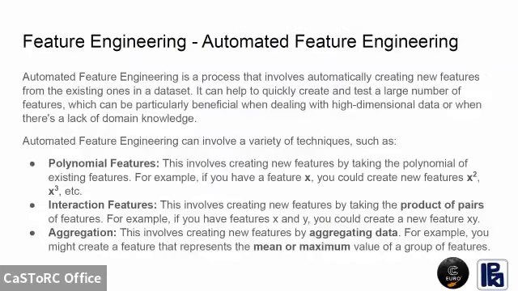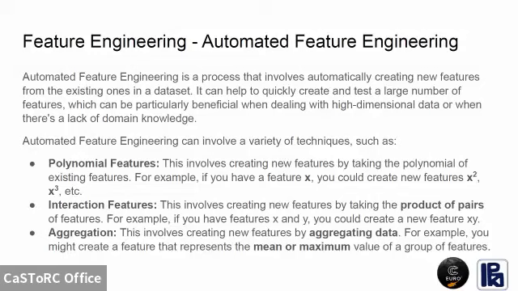If you cannot do this manually, you can use automated feature engineering, which you may need when you have high-dimensional data, or you don't necessarily understand the features. You can use it automatically. It can usually have polynomial features. Polynomial features are exactly the same feature to the power of 2 or power of 3.